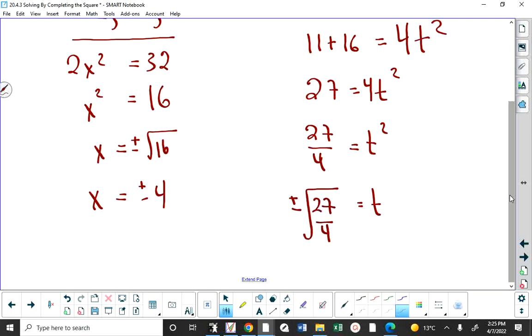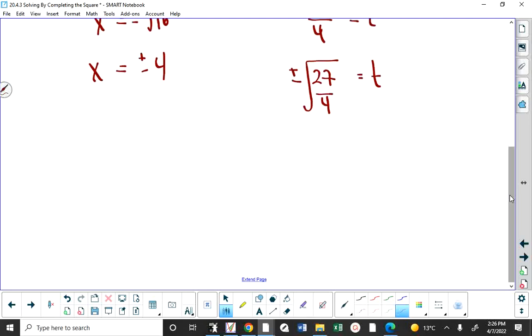And now we're going to review some things from Math 10C. One of the things we need to know is that when you square root a fraction, you can square root the top and you can square root the bottom.